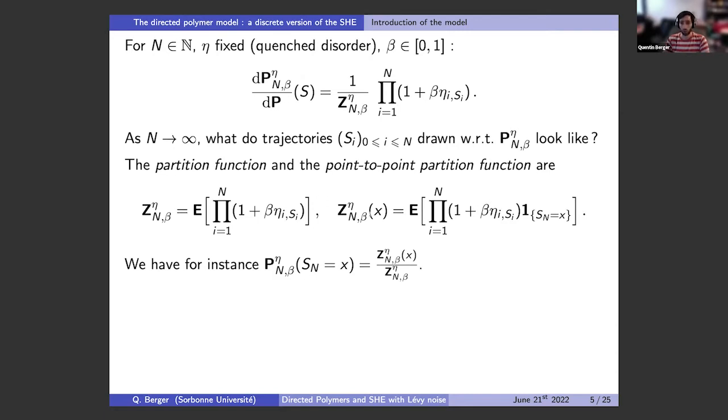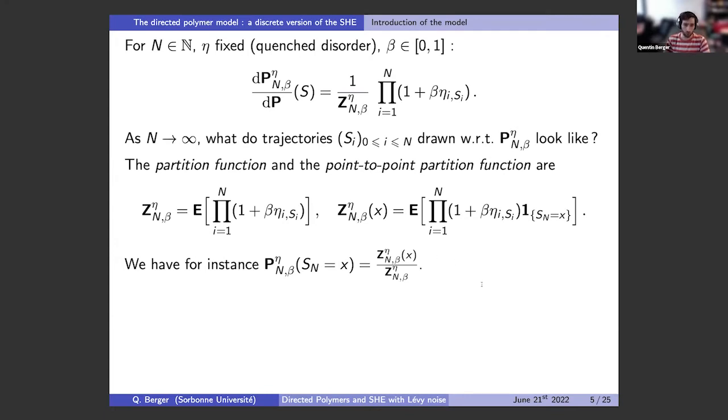And you can also consider what is called the point-to-point partition function when you restrict trajectories to end at position X. In the first case, trajectories can end up anywhere, and in the second case, the trajectories have to end up at site X, so it's point to point. If you want to compute the probability under the polymer measure that the polymer ends at X, it is just the ratio of these two partition functions.